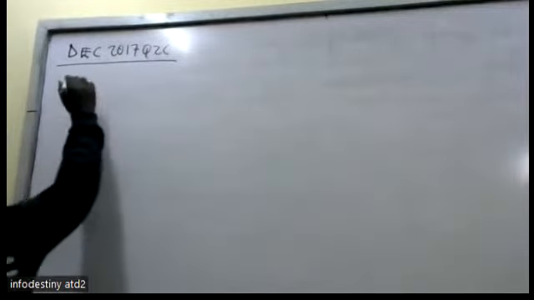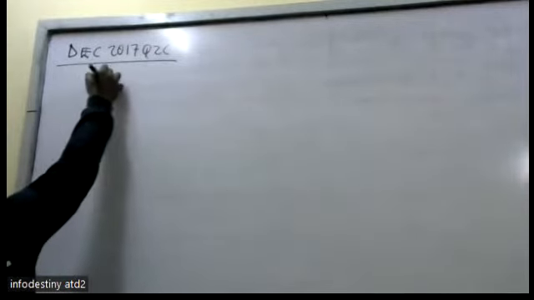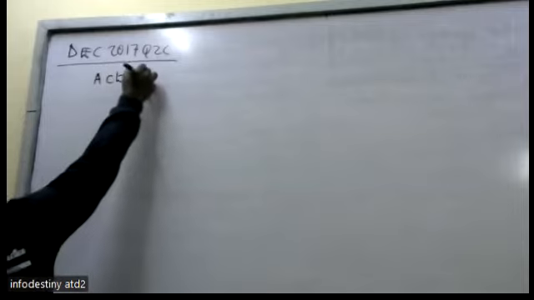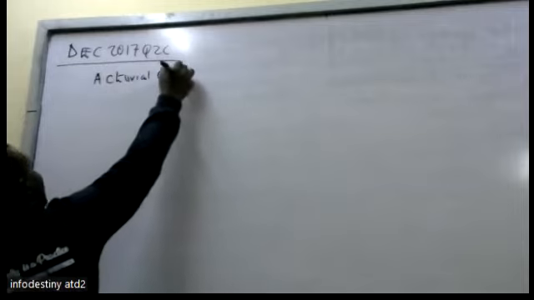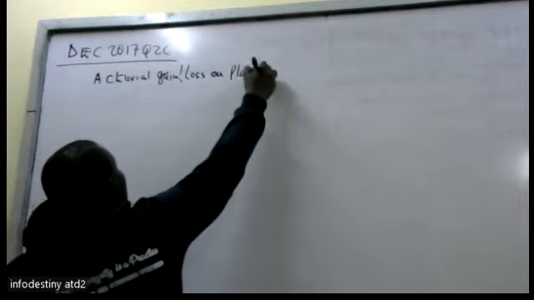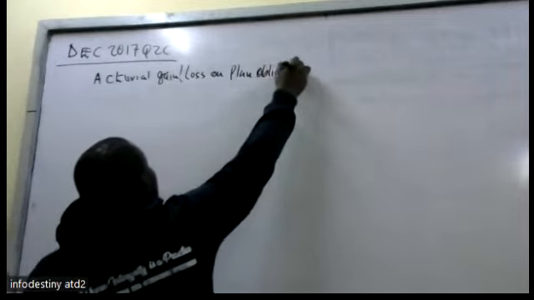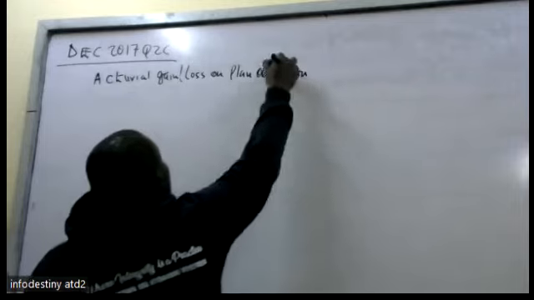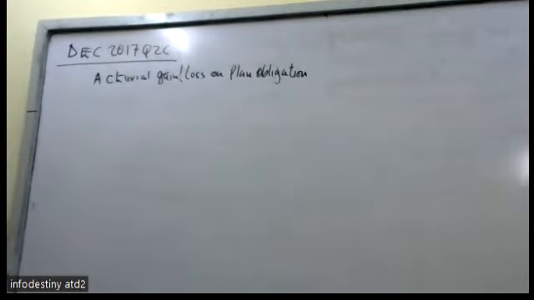You can start with whichever makes you happy. So actuarial gain or loss on plan obligation.